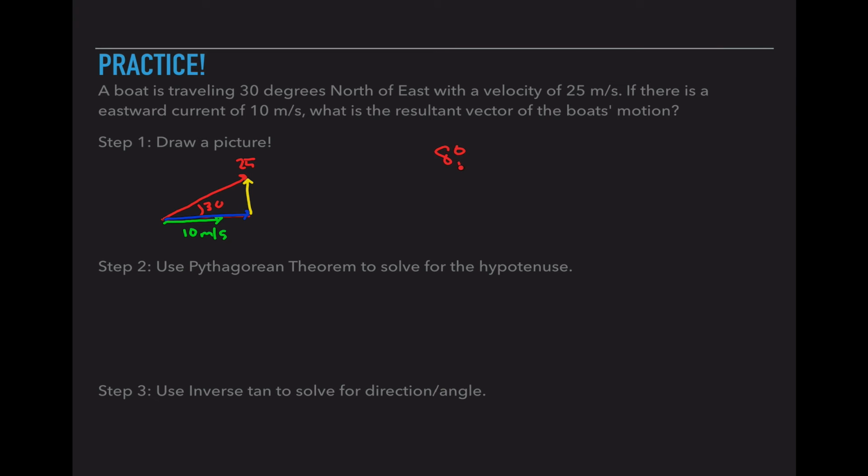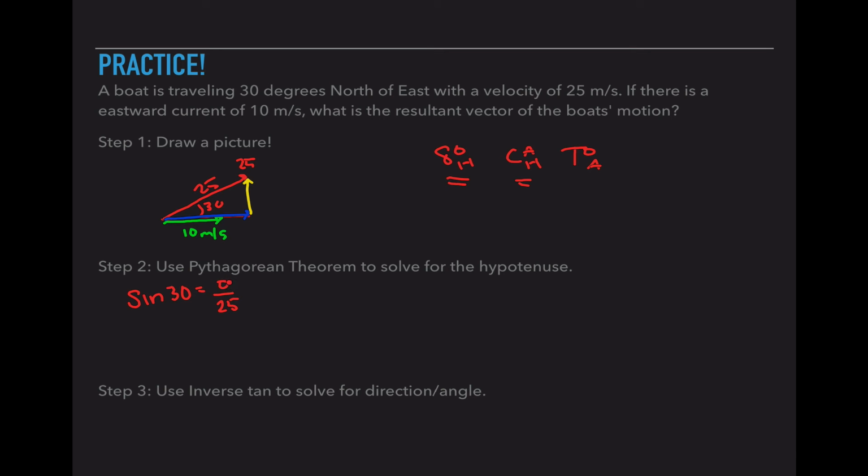So I'm going to be using trig. We have SOHCAHTOA. I have the hypotenuse value of 25, so I'm going to use sine to solve for the opposite leg, this yellow one, and I'm going to use cosine to solve for the blue one. So sine 30, because that's our angle, is opposite, which we don't know, over hypotenuse, which is 25.